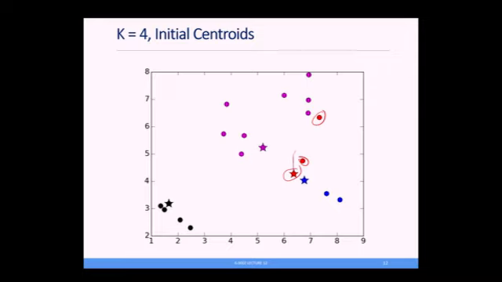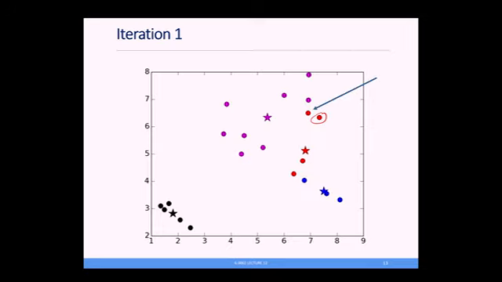It's going to move somewhere along in here or something like that, right? So we'll get those new centroids. There it is. And now we'll reassign points. And what we'll see is this point is now closer to the red star than it is to the fuchsia star, because we've moved the red star.